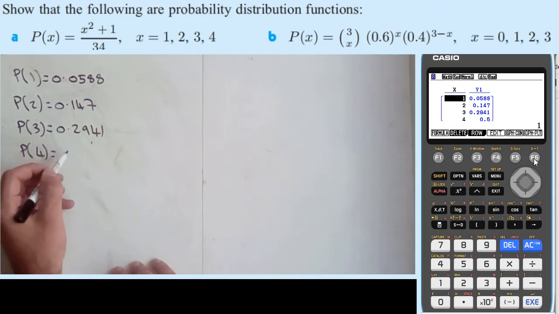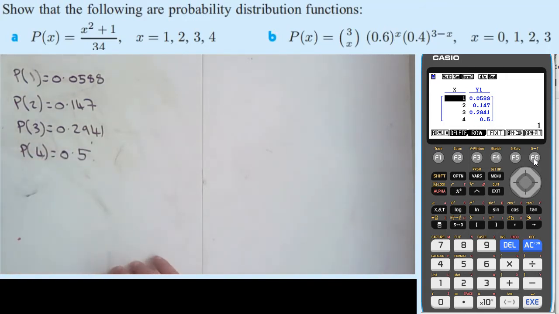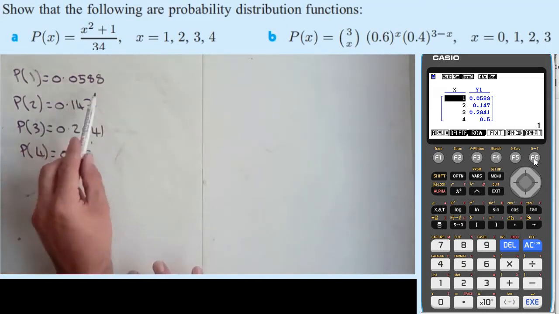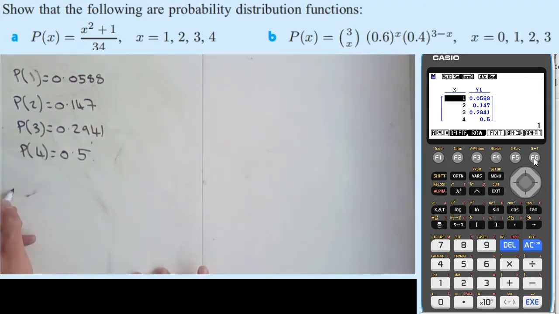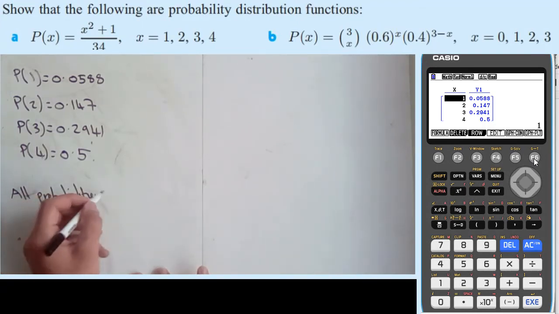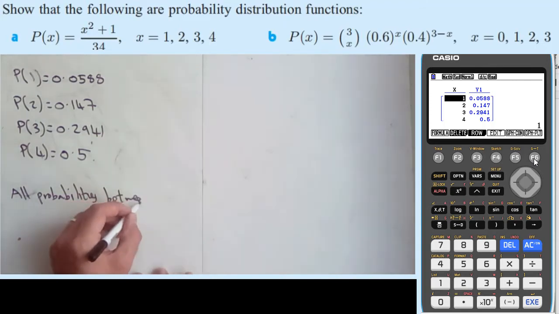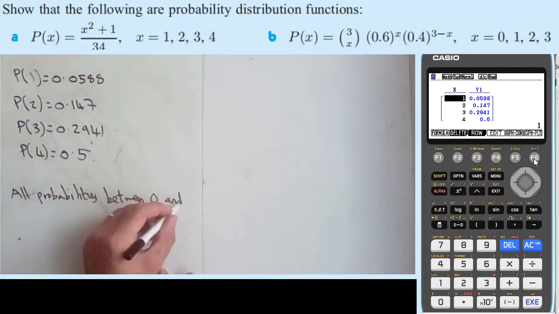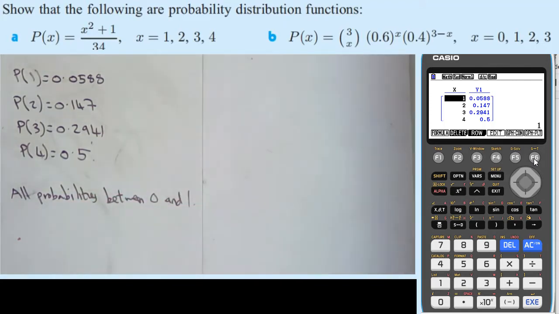And P of 4 is 0.5. So firstly, they're all between 0 and 1, so that's fine. That's the first thing we need to show, and then we need to add them up, and they should add up to 1.